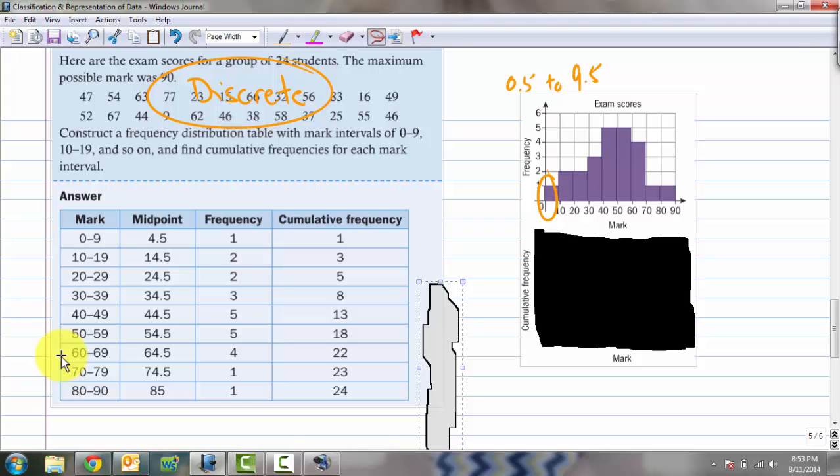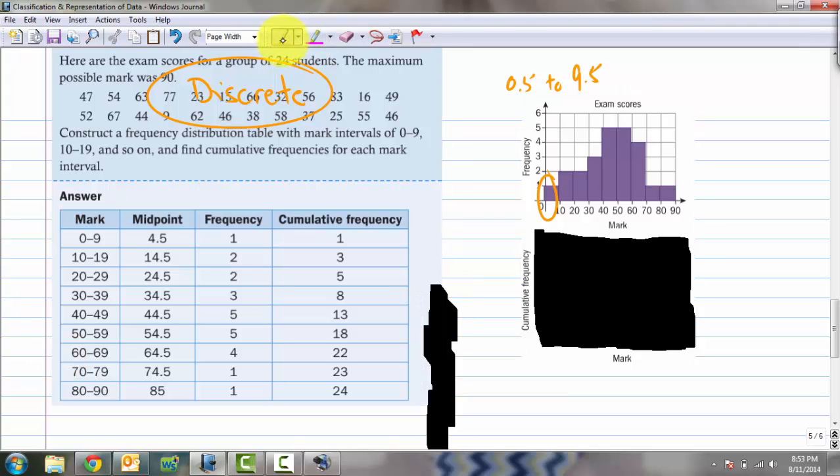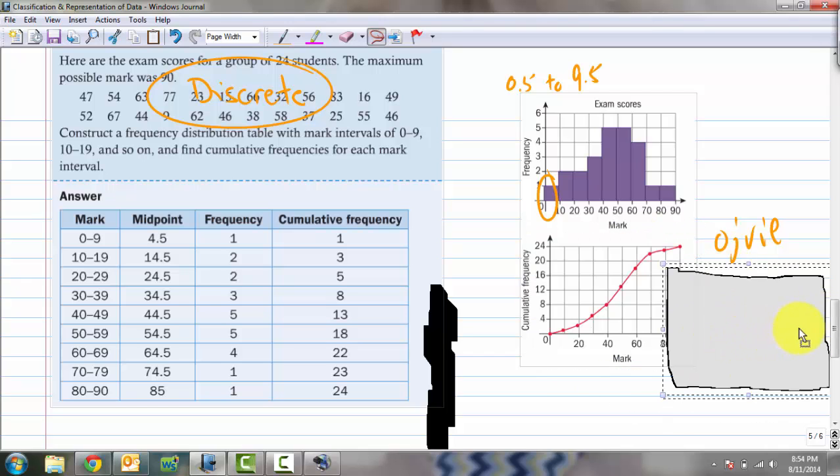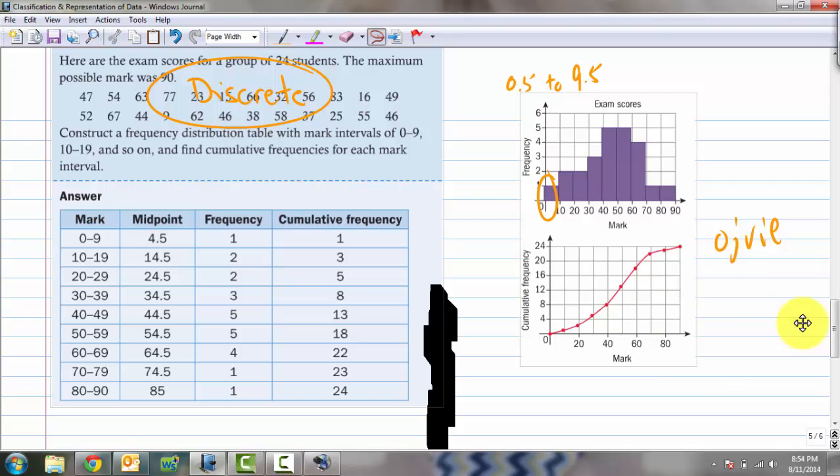Our cumulative frequency polygon, which is what we're going to draw now, or ogive, it's called, would look like so. This one, notice we start at 0 with a cumulative frequency of 0, and then 9 has a cumulative frequency of 1. 19 has a cumulative frequency of 2.